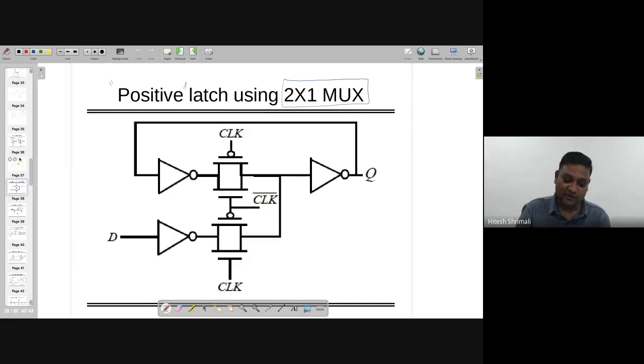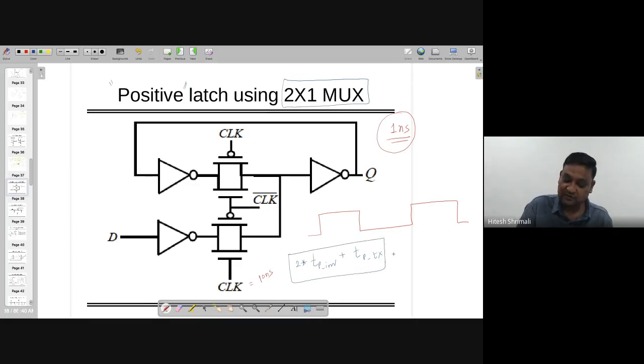So if I'm asking you to make a system where I want the output at the rate of 1 nanosecond and the clock is, let's say, 10 nanosecond, then if I'm interested in seeing the output at every 1 nanosecond, in the worst case, what I need to do is design the propagation delay of the inverters plus the propagation delay of the transmission gate, all of them, as less than 1 nanosecond or maybe equal, right?